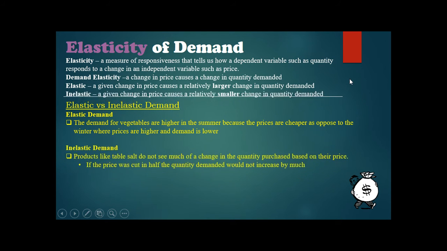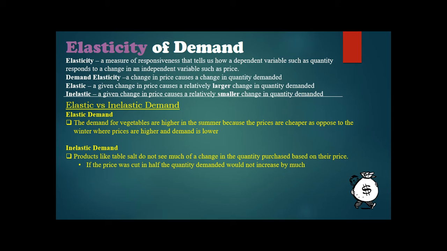Inelastic demand, on the other hand, is when a given change in price causes a relatively smaller change in quantity demanded. An inelastic product like table salt, and you can write that as an example in the box below it. Products like table salt do not see much of a change in the quantity purchased based on their price. If the price was cut in half, the quantity demanded would not increase by much.